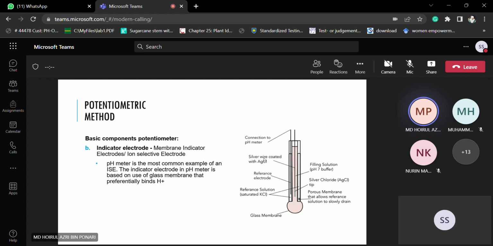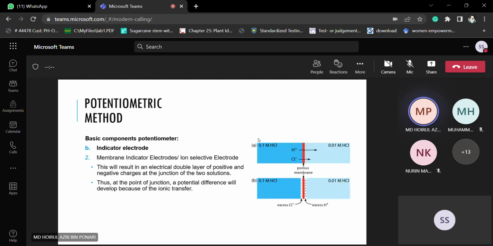So remember, in order for redox reactions or electrical current to be generated, the solutions must be connected. In galvanic cells, the two solutions are connected by a salt bridge. In a pH meter, the two solutions are connected by junction potentials.